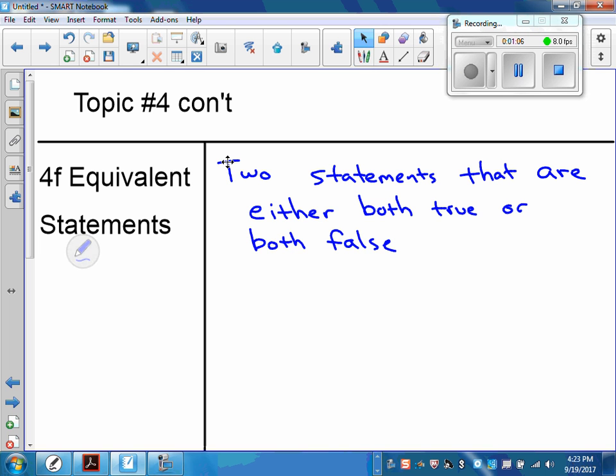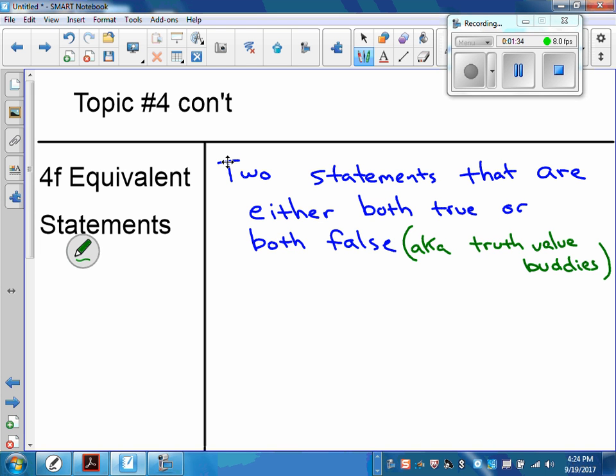We also sometimes call these truth value buddies, AKA, also known as, truth value buddies, meaning that they both are true or both false. They follow each other. At any given time, they either both will be true or both will be false.